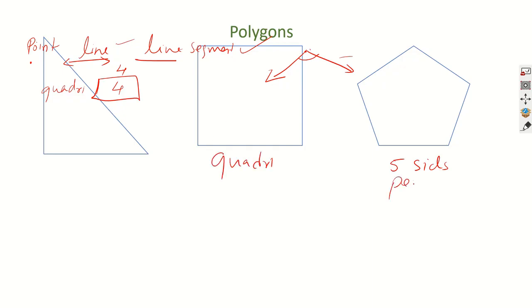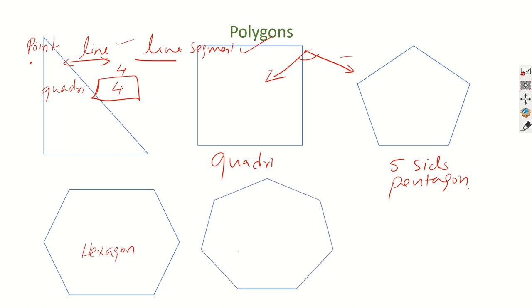This is called a pentagon. Penta stands for five. Then comes six-sided, hexagon, seven-sided, heptagon, octagon. It goes like that. But after the triangle, normally pentagons are not that familiar, that common in studies and in your drawings.